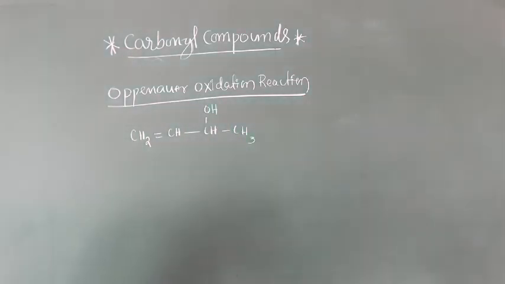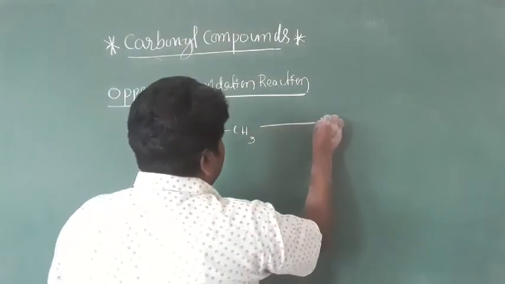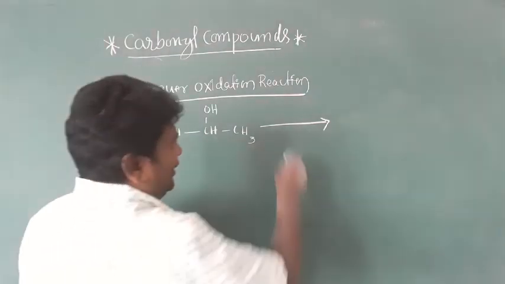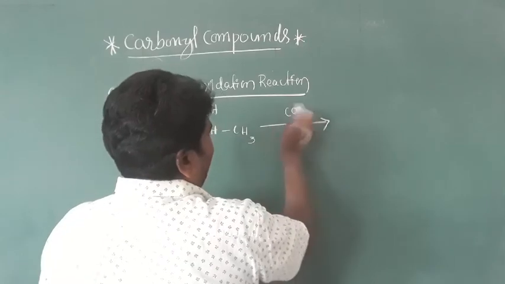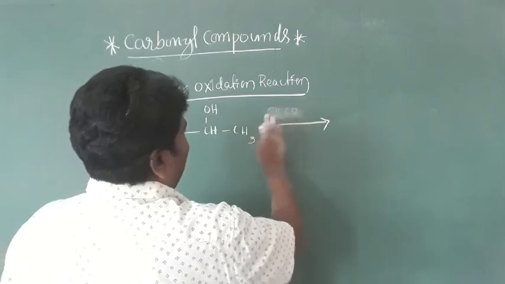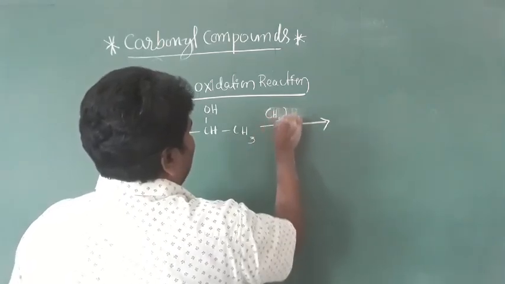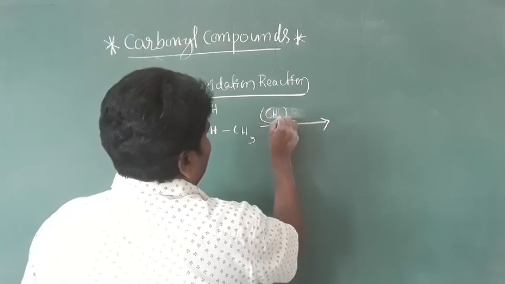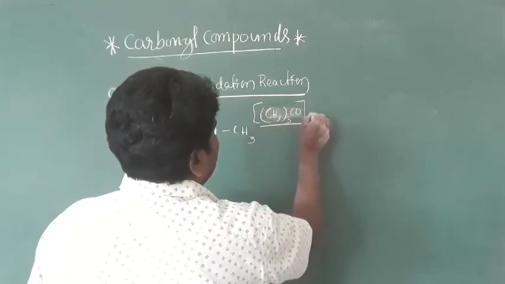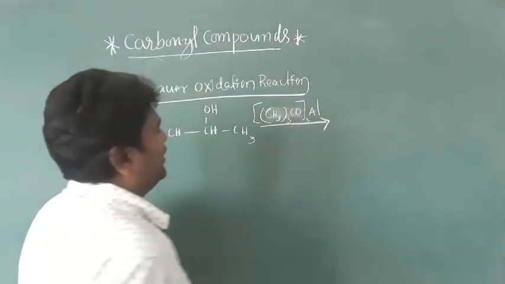Now see here, it is a secondary alcohol. In the presence of aluminum tri-tert-butoxide, (CH3)3CO taken thrice, aluminum. It is very, very important.